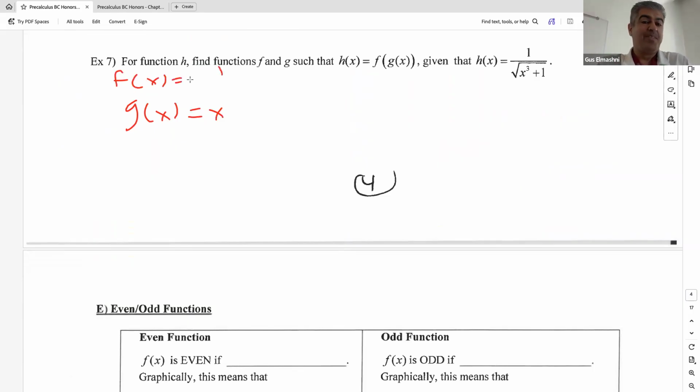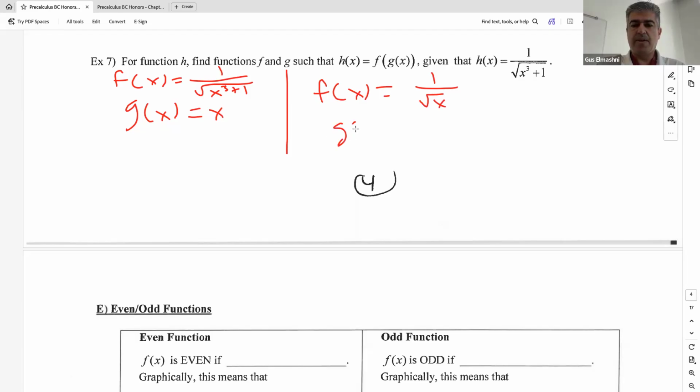It's kind of weak, but that is true. You're not wrong, but you're lacking creativity. I would prefer you say 1 over root x, and g of x is... So you could do that, right? That's just decomposing.